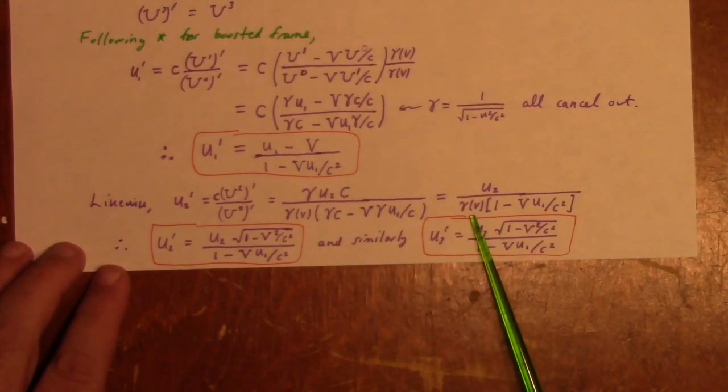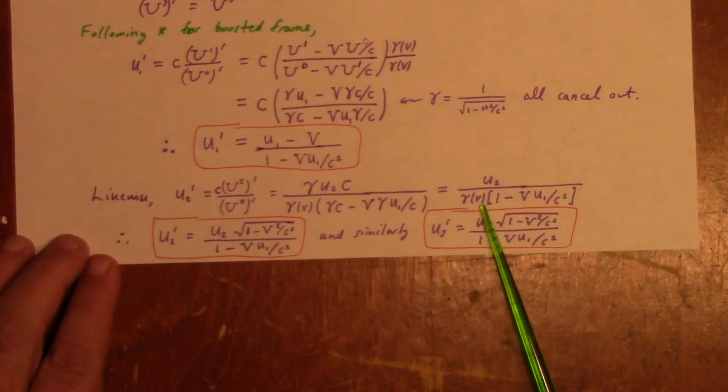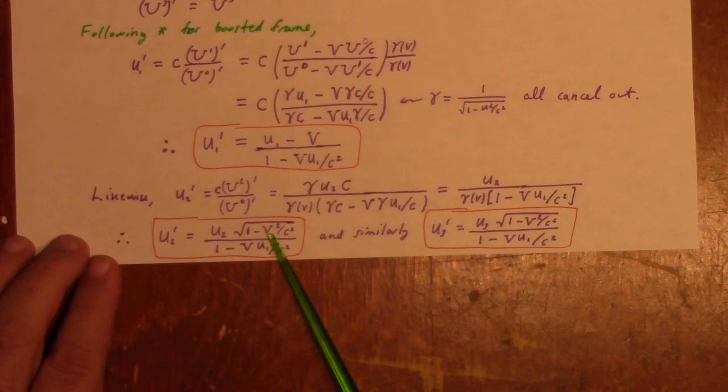So it survives, and you get this formula. And then that is the reciprocal of a reciprocal, so you can write it upstairs. So the velocity transformation in the transverse direction is the transverse velocity times the square root of 1 minus the boosted speed squared over c squared, divided by 1 minus the speed of the particle divided by c squared.